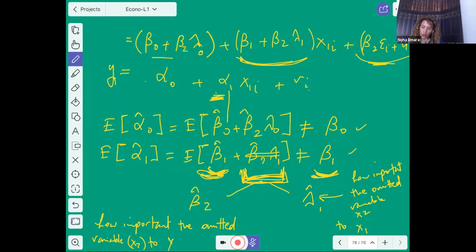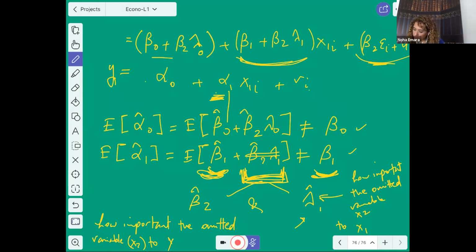And this part, we call it the bias, the amount of the bias. The amount of the bias is made of two components: a part that reflects how important the variable that I omit, or forgot by mistake, is to the dependent variable, and how important the variable that I forgot is to the included variable, which is x1.